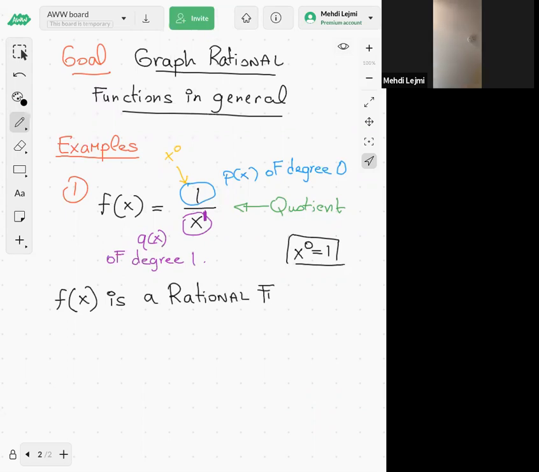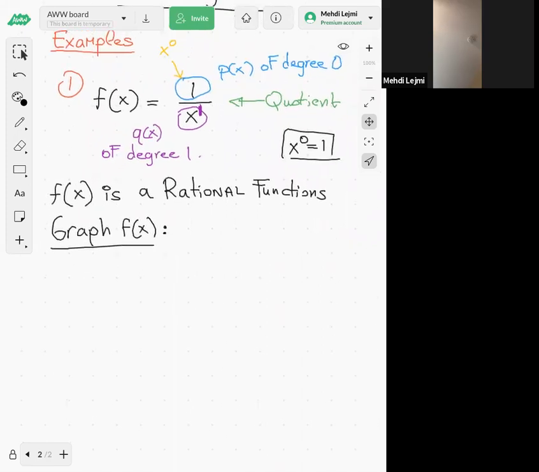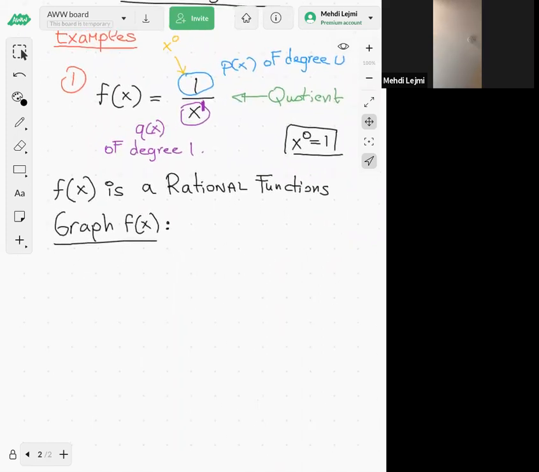Now I'm going to try to sketch the graph of f of x. I'm going to make a table of values of f of x and see what the shape of the graph will be. So here's x, and here's my f of x, which is 1 over x.